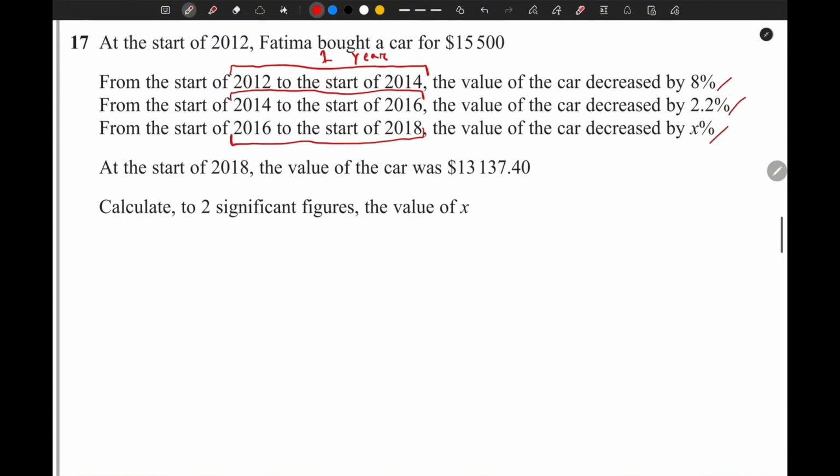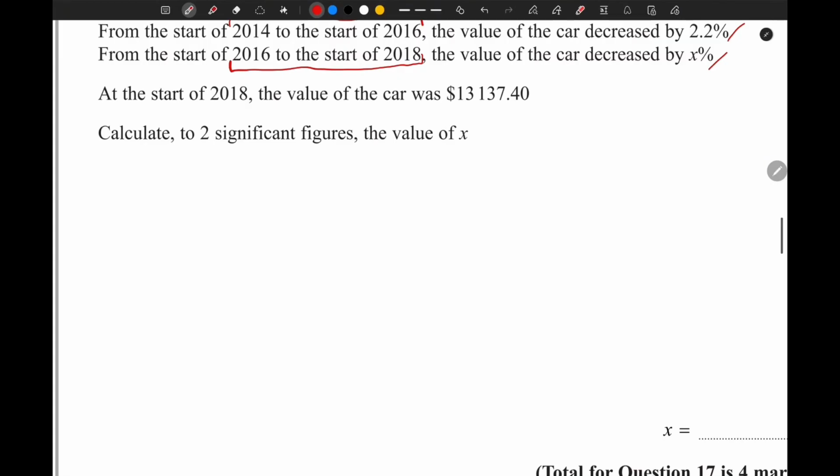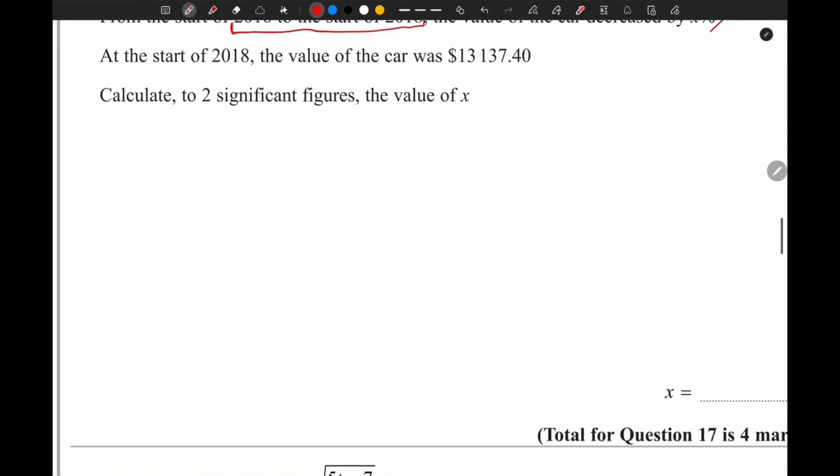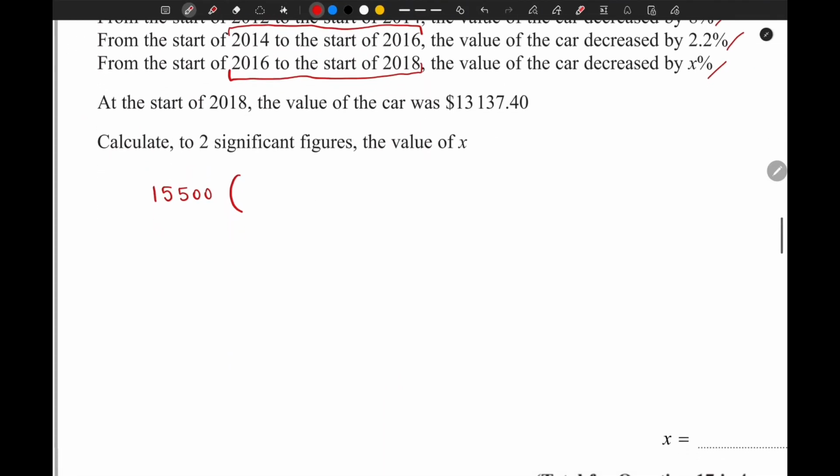Now in order to do this maths, there is a simple formula. So the original value was 15,500. In a span of 1 year, it was decreased by 8%.